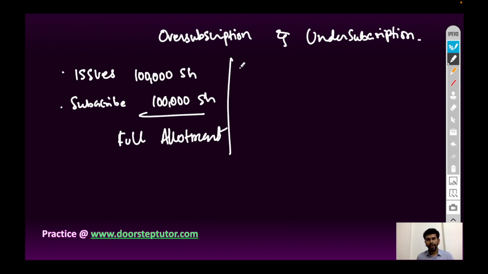If company issues 1 lakh shares and public subscribes for 95,000 shares, then it is a case of under subscription.